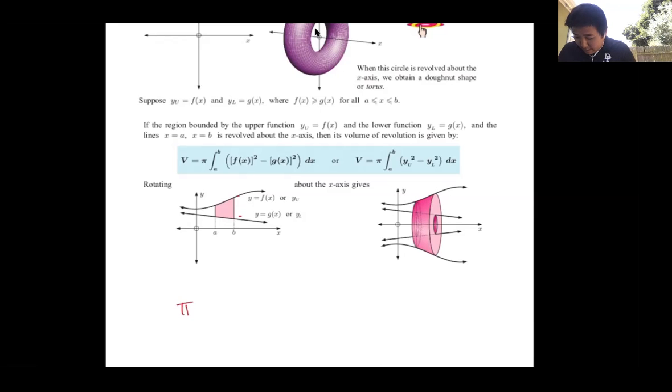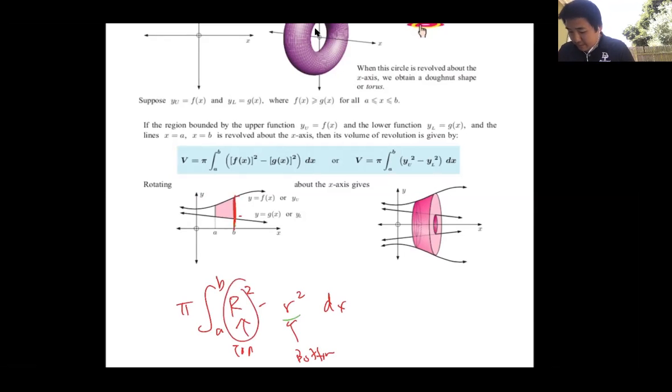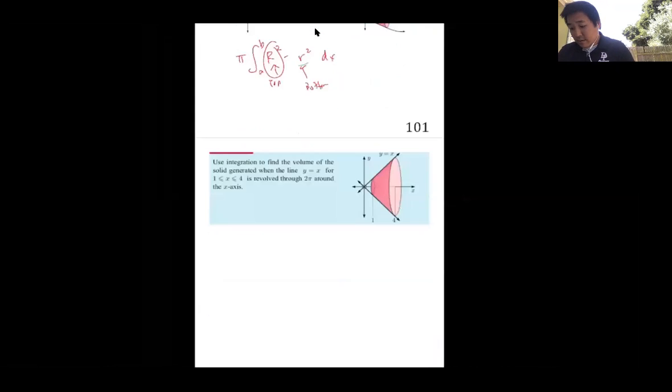So pi times big R squared minus little r squared dx from a to b, where R is the top function and r is the bottom. This is because this is the little radius and this is the big radius. So that's how I got it.